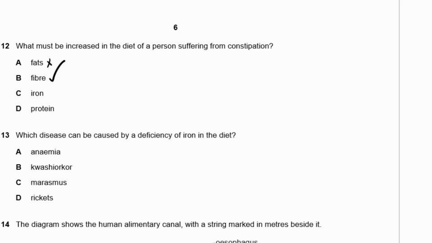Fiber creates bulk, and the intestines detect that there is something there and can push it along. Okay, iron, nope, iron can actually constipate you more. And protein, no, that just helps with muscles and repairing and a lot of things, but not to do with constipation. So the answer is B, fiber.